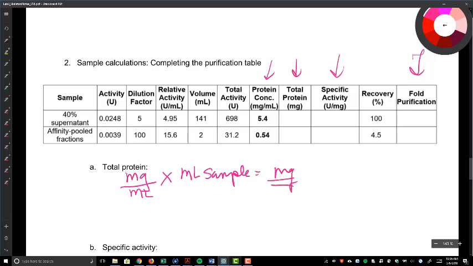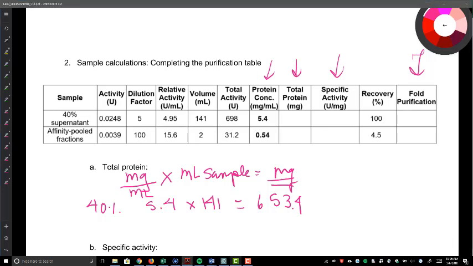Okay, so for the 40%, this would be 5.4 times 141. And feel free to stop me at any point to try this on your own. I highly encourage you to do so. Equals 653.4 milligrams. Oops. 141 times 5.4. Let's try that again.